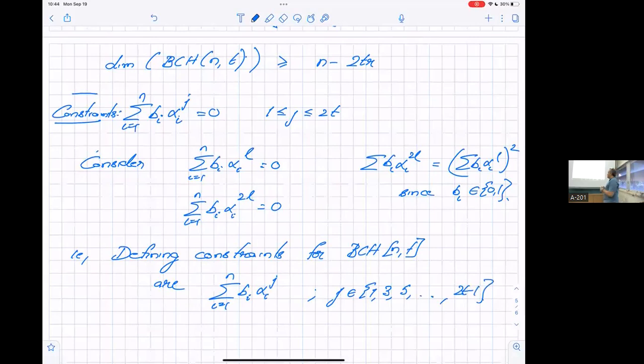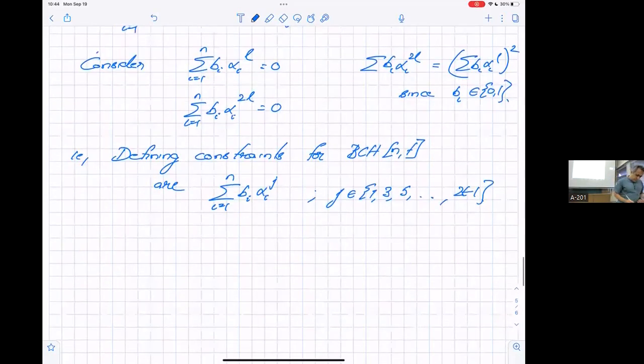There are t of them, and each of them, when you go to the base field, gives r constraints, therefore there are tr constraints. That's the end of the story. These constraints are over the large field.